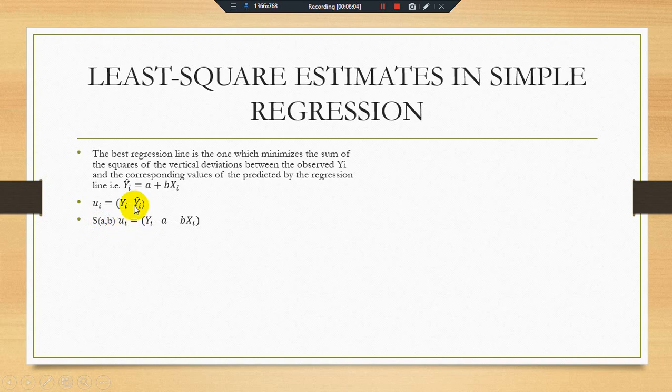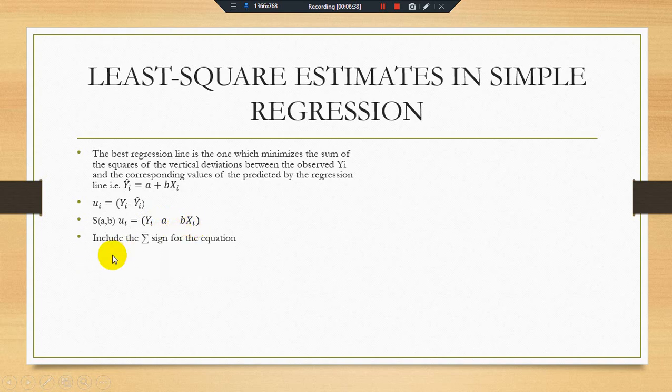So ui is equal to yi minus y hat. What is the value of y hat? Here a plus bxi is the value of y hat, so we put it as minus a minus bxi, because we have a sign of minus, so when you put the value of y hat, all the terms of y hat become negative. So we get ui is equal to yi minus a minus bxi.